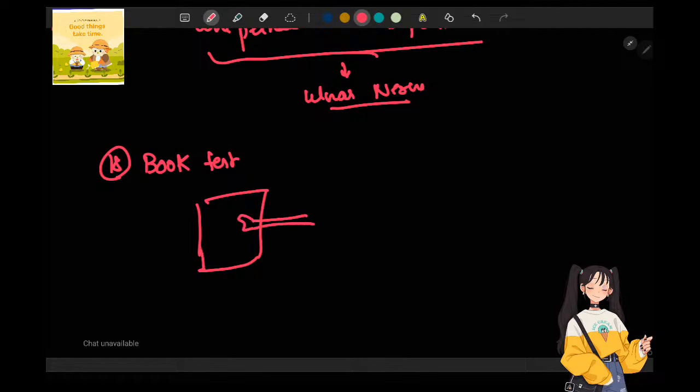A normal person will be holding it normally, but if a person is bending his hands and all, so this is flexion, that is Froment sign.